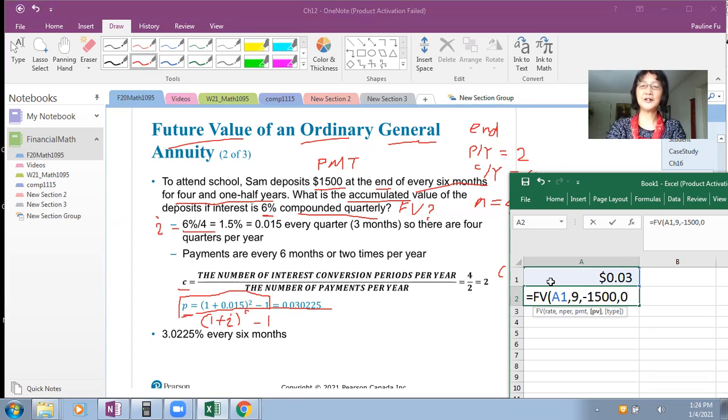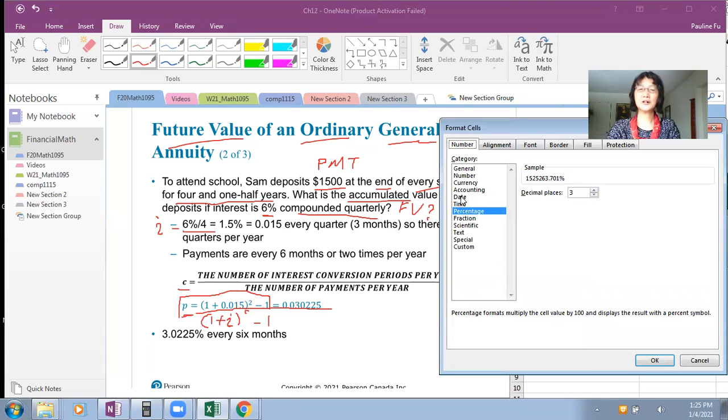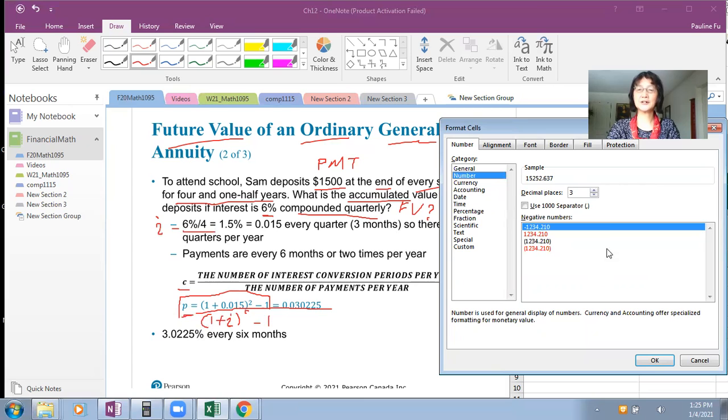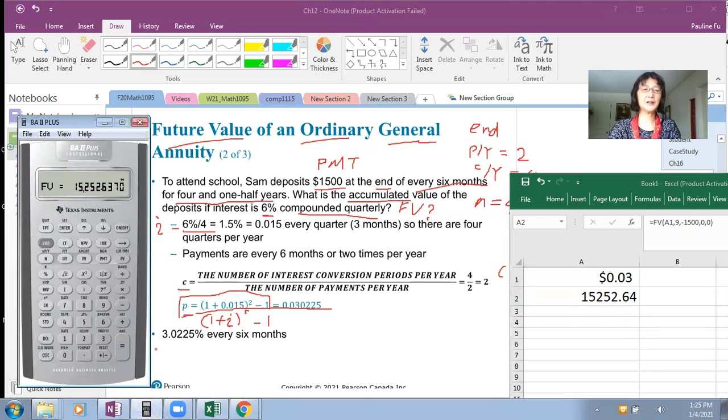Present value is 0, type is 0. Press enter and you get this number. You need to change the format to number, not percentage, maybe keeping 2 decimal places. See, this number is exactly the same as we got from the calculator.